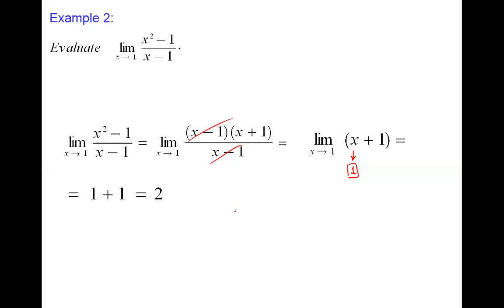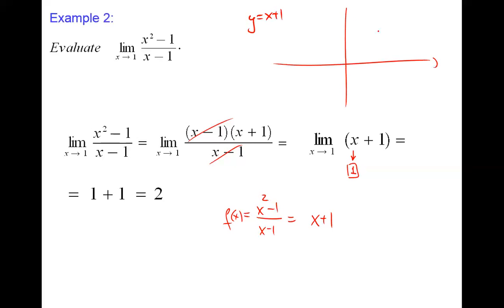I can do one thing. We had the function (x squared minus 1) over (x minus 1), and I simplified it to the function x plus 1. Everybody knows the linear function x plus 1 is simply a line with slope 1 and x-intercept minus 1. But what happened? This function is not defined at 1.